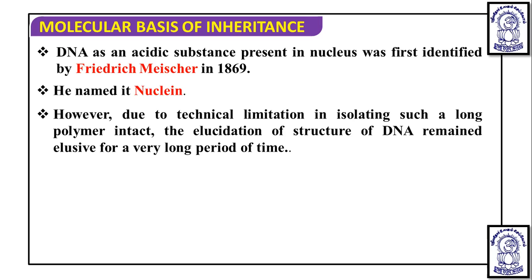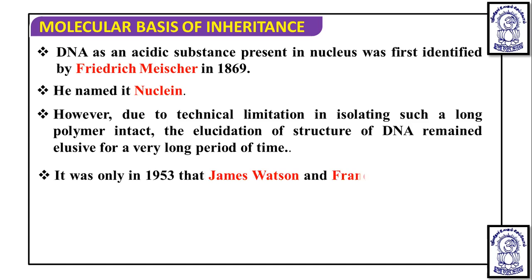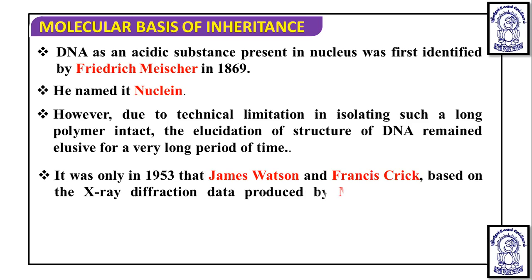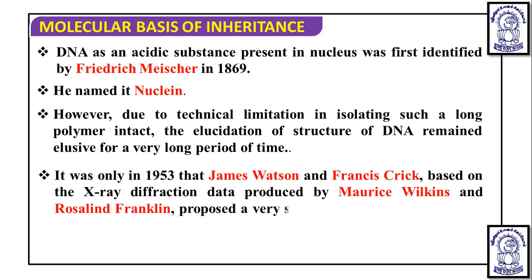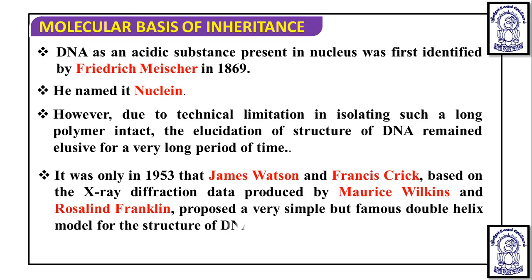It is only in 1953 that James Watson and Francis Crick, based on the X-ray diffraction data produced by Maurice Wilkins and Rosalind Franklin, proposed a very simple but famous double helical model for the structure of DNA. Which model? The double helix model.